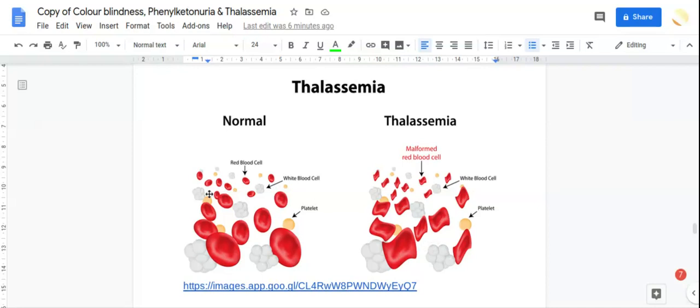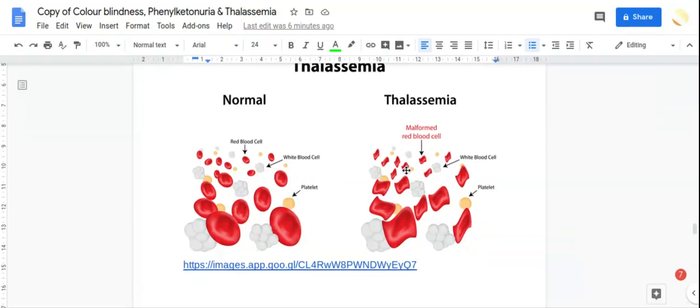And these in white and cream color here are your white blood cells and your platelets. So basically, you can see the shape of a normal person's RBCs, and here you can see the shape of this. Okay, and how do they look in case of a person suffering from thalassemia?